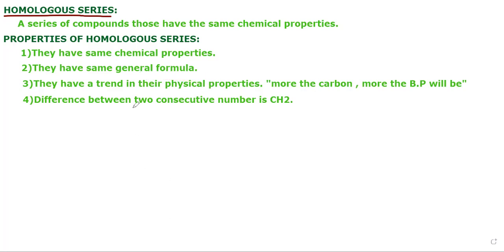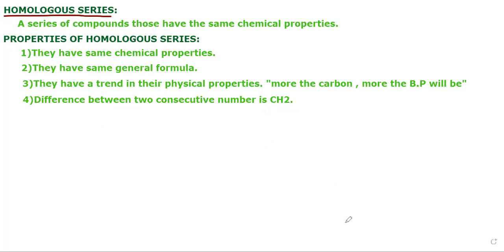Number three, they have a trend in their physical properties, which means, for example, the more the number of carbon, the higher the boiling point will be. This trend will be maintained if they are in the same homologous series. Number four, the difference between two consecutive members is CH2.